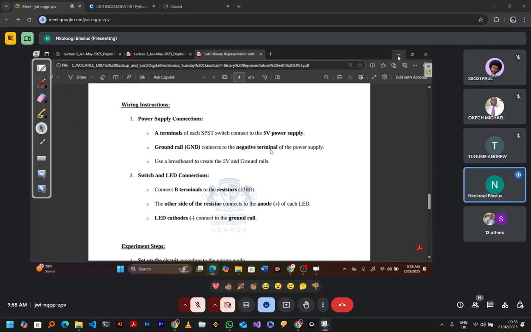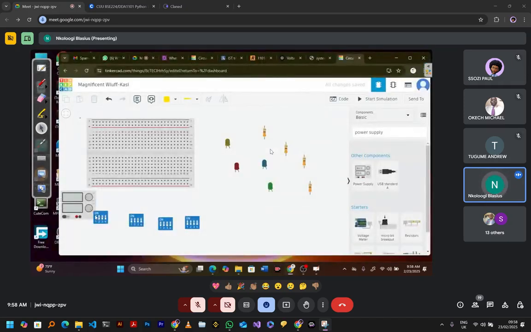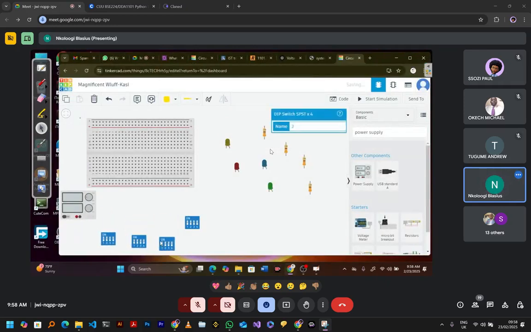And also the ground connects to the negative terminal of the power supply. The power supply is not just going to be connected to each and every switch, but we are going to create rails on a breadboard.